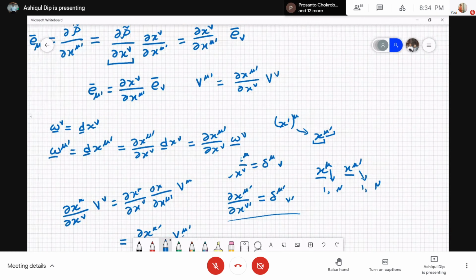So we can list it up here: our ω^μ′ transforms like ∂x^μ′ by ∂x^ν.